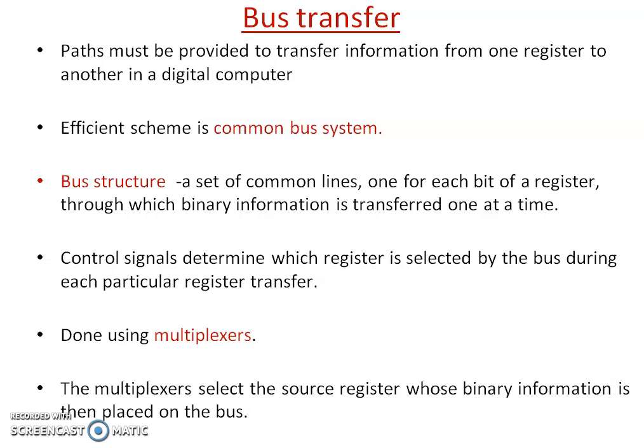So the number of lines inside the bus will be based on the number of bits of any register. If the register has 4 bits, the bus will have 4 lines.